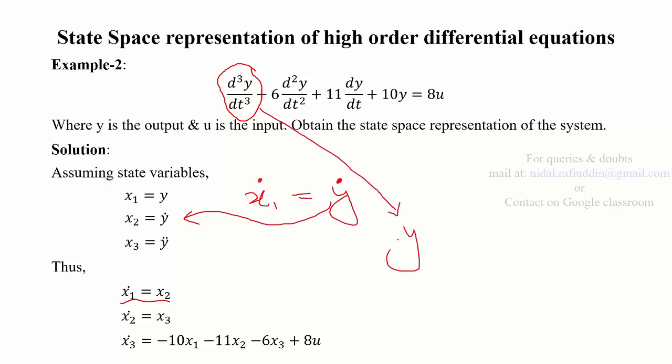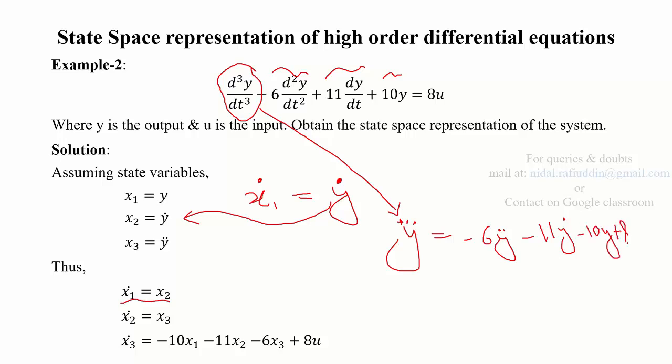You are going to take the remaining terms, 6 y double dot, 11 y dot and 10 y, to the right side, and thus y triple dot will be equal to minus 6 y double dot minus 11 y dot minus 10 y plus 8u.